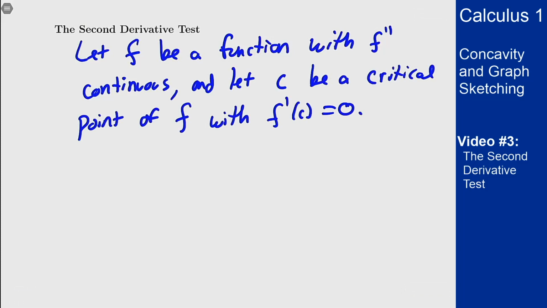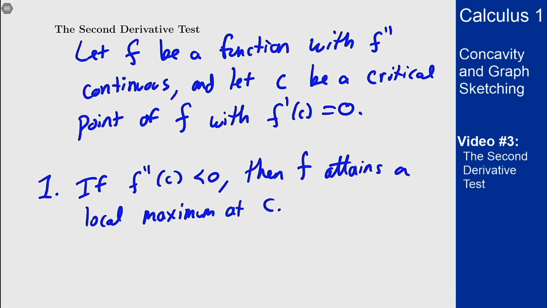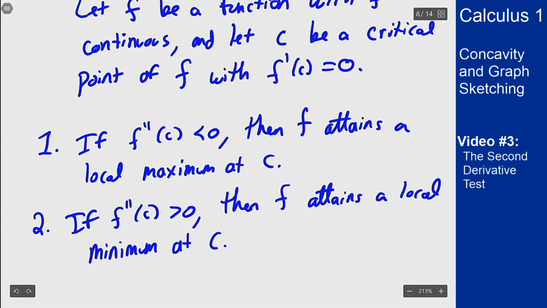What are our cases here? If f double prime is negative, that means we're concave down, then f attains a local maximum at c. If f double prime is positive, that means we're concave up, and so f will attain a local minimum at c. And the last case here is if f double prime of c equals 0.